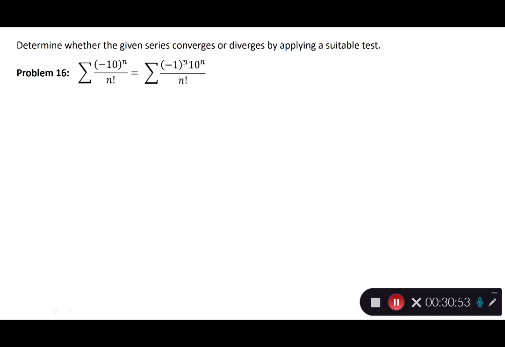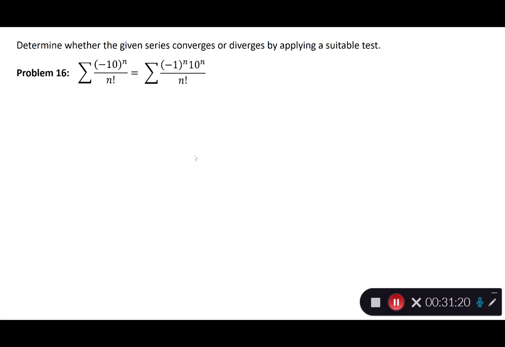Negative 1 squared makes it positive 1, 10 squared over 2 factorial. And negative 10 cubed over 3 factorial, positive 10 to the 4 over 4 factorial. That's how this series looks: negative, positive, negative, positive, like that. So this is an alternating series, and we can apply the alternating series test to this one.